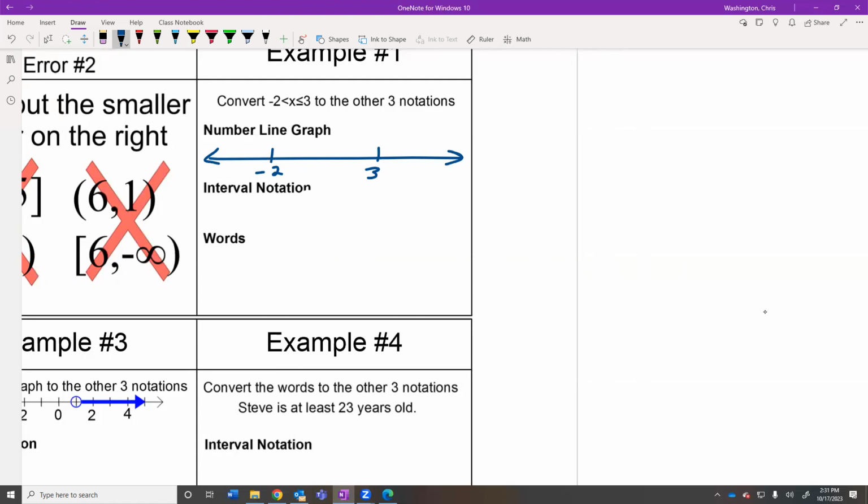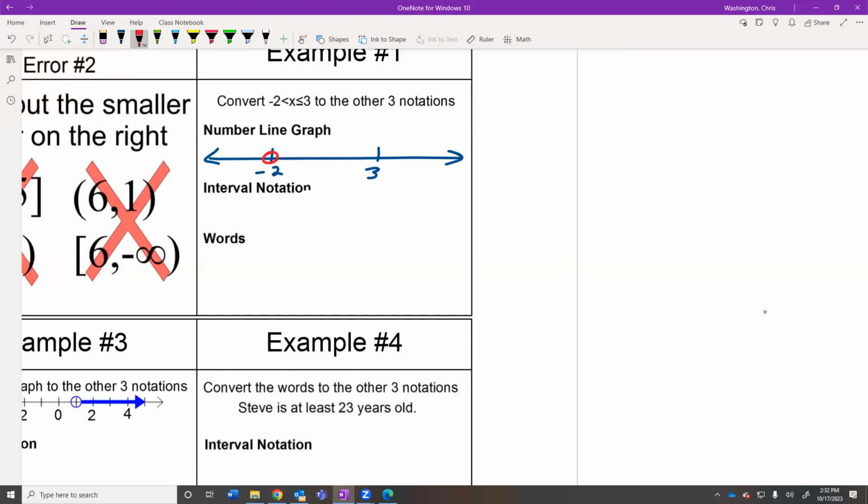Since -2 does not have the equal to sign, it's -2 strictly less than. That means the boundary point has been excluded. We're not including -2. So -2 is going to get an open circle. Is less than X is less than or equal to 3.